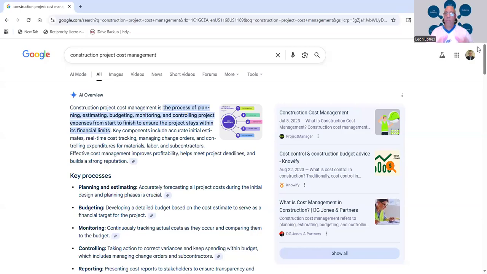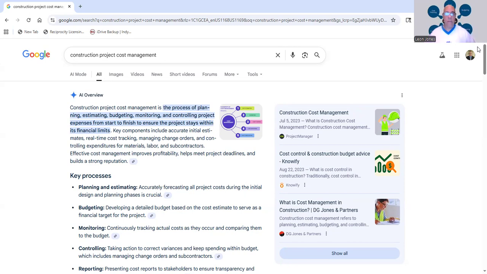And to review what it really is, the actual definition is construction project cost management. Again, construction project cost management is the process of planning, estimating, budgeting, monitoring, and controlling project expenses from start to finish to ensure that the project stays within its financial limits.